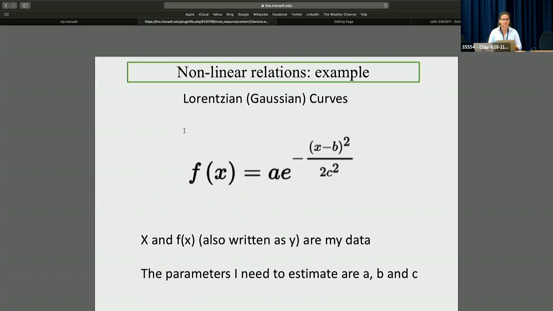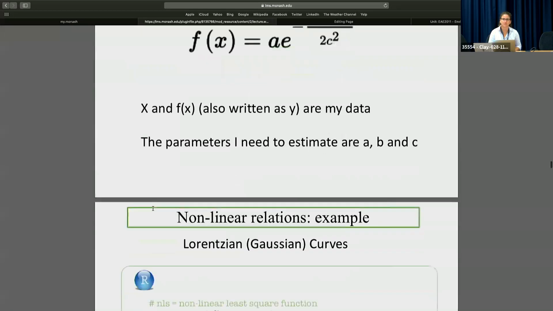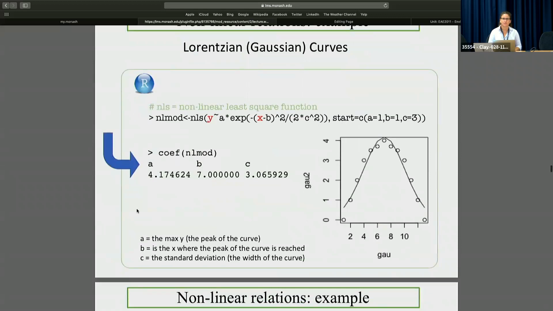In the case of the bell curve, the Gaussian curve or Lorentzian curve, y is a function of x, which is mediated by a, b, and c. These are the parameters I need to estimate so that I know what the shape of this relationship looks like. And how I go about that is a bit trickier.